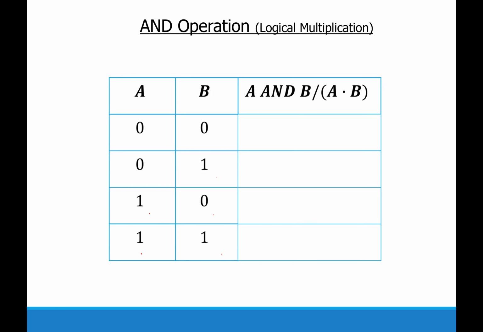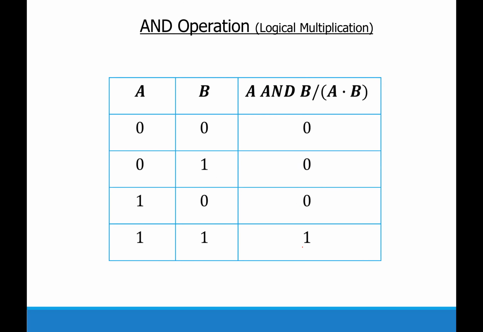You can think of this one like multiplication. 0 and 0, the output is equal to 0, right? 0 and 1, the logical multiplication, the output will be equal to 0. 1 and 0, again the output is equal to 0. And finally 1 and 1, the output is equal to 1.